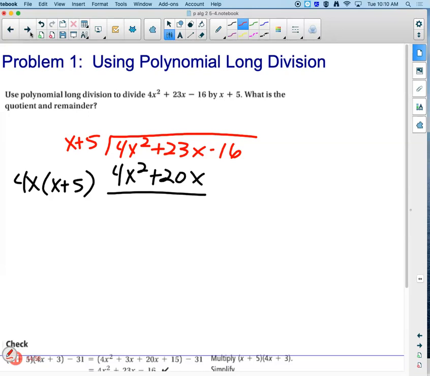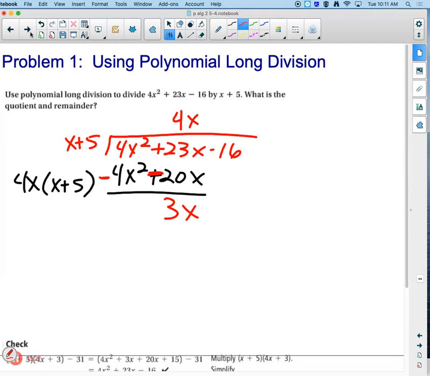Change the signs, and then you can add them together. So 4x squared minus 4x squared, perfect. That means this little 4x right here can go right up there as part of our answer because we did it right. We got that first term out of there. 23x plus a negative 20x, or just think of it as subtraction, gives me 3x.